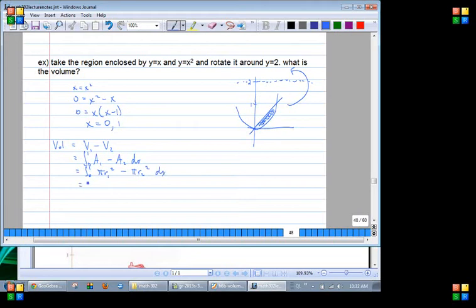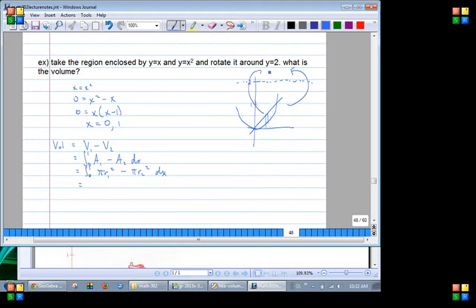And the question, actually, I very quickly wrote down dx, but we should confirm that we're actually going to be using dx. So why are we using dx? Well, we're rotating it around the line y equals 2. So we imagine a thin slice like that.